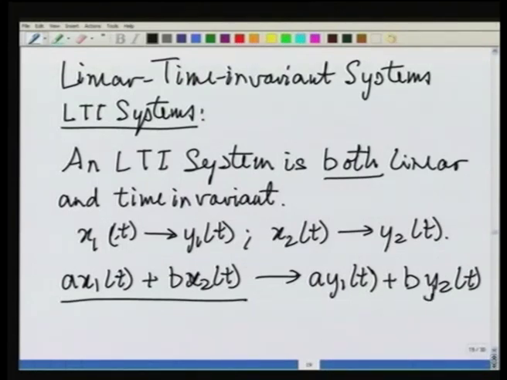Writing the single expression covers both the homogeneity and the additivity property. So, a linear system is simply one which satisfies this single property.